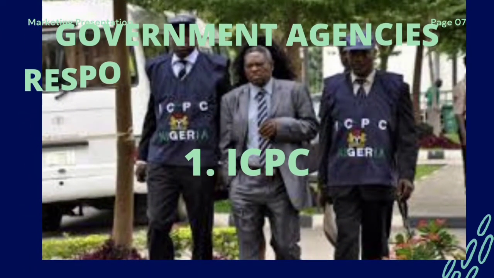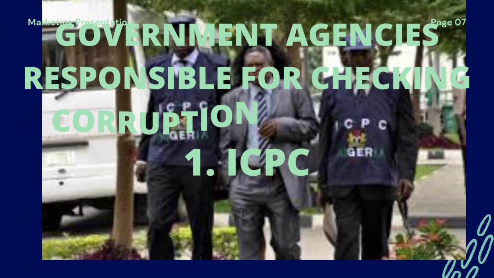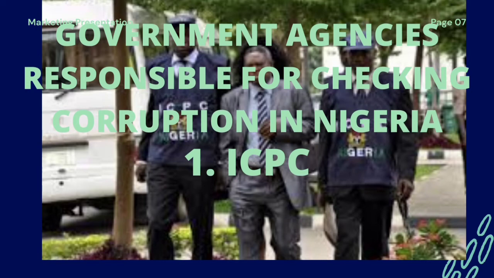Then we are going to look at agencies of government charged with the responsibility of checking corruption in Nigeria. 1 is Independent Corrupt Practices and Other Related Offences Commission, ICPC. This is a body vested by law with the responsibility to fight corruption and other related offenses in Nigeria.